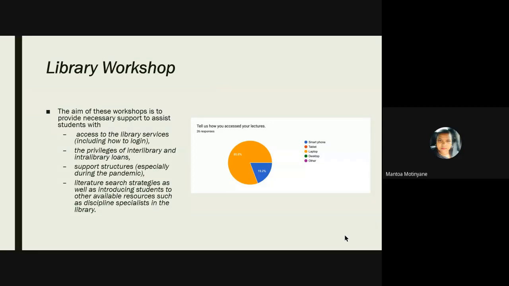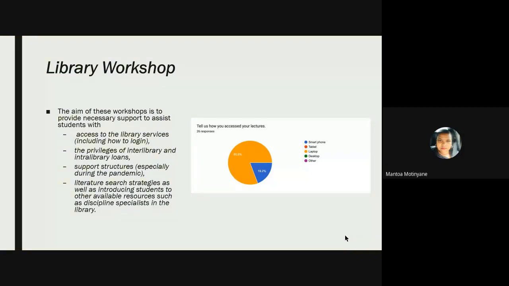So I approached the library team, the Faculty of Arts and Humanities team, although they don't usually provide workshops for undergraduate students. When I motivated for this, they were quite willing to come. And it was really helpful and very useful in terms of teaching students how to access library services virtually.